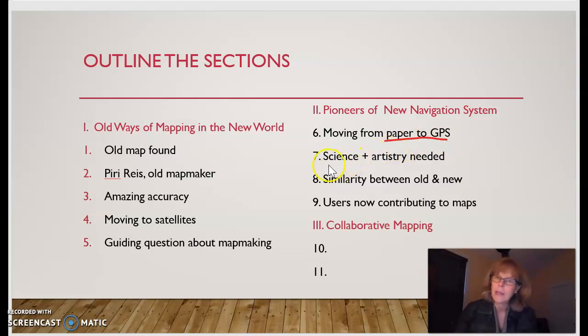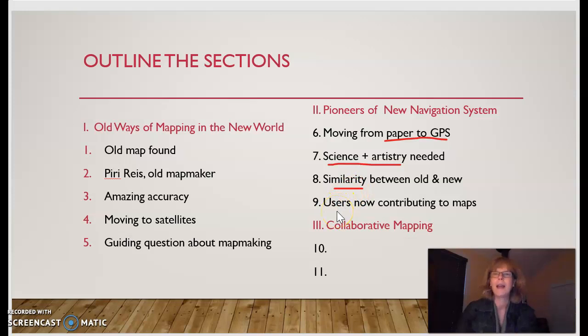Paragraph 7 really emphasizes that both science, computers, whatever navigation science we have, and artistry, design, colors, presentation, all of this is needed for a good map. And there's an emphasis when I get to paragraph 8 about how there's a similarity between how the old guys made their maps and how we're making maps today.